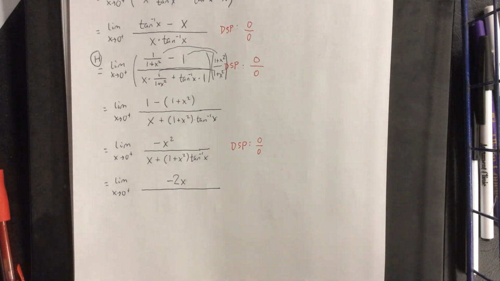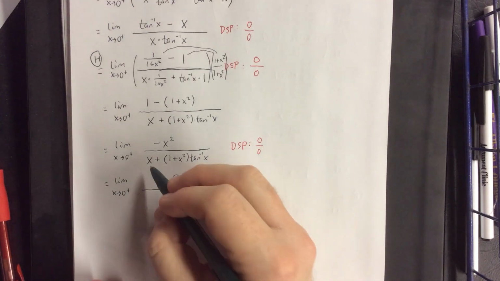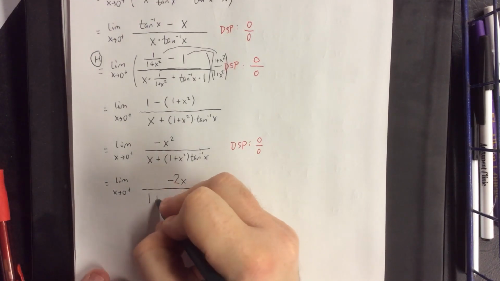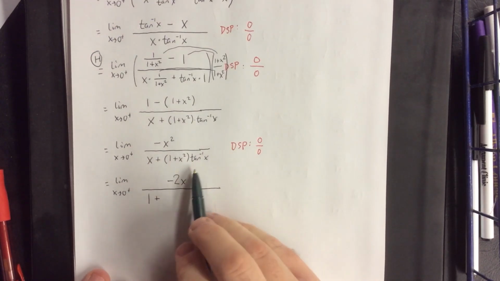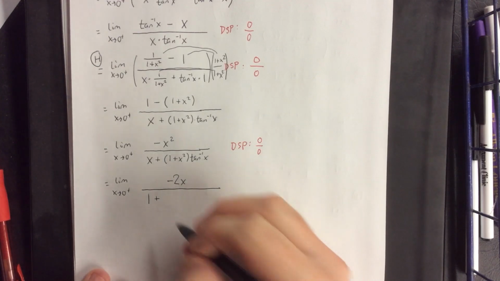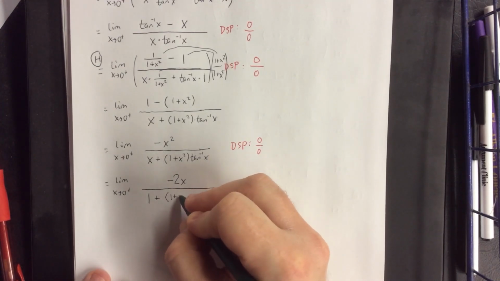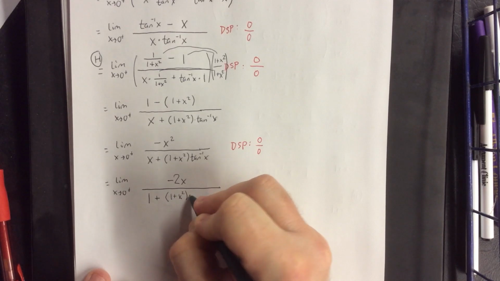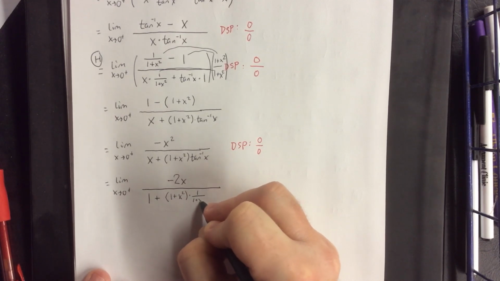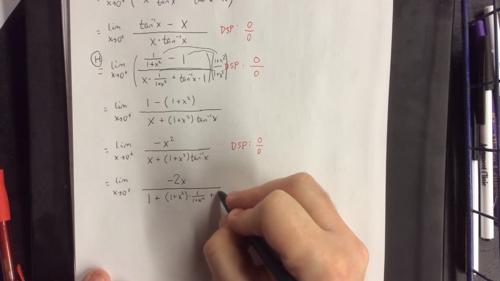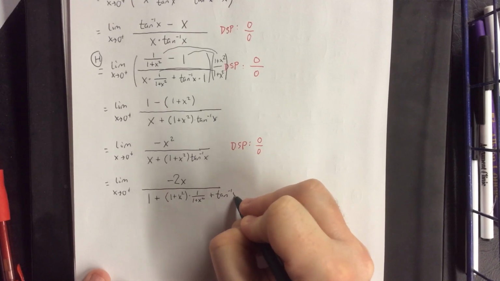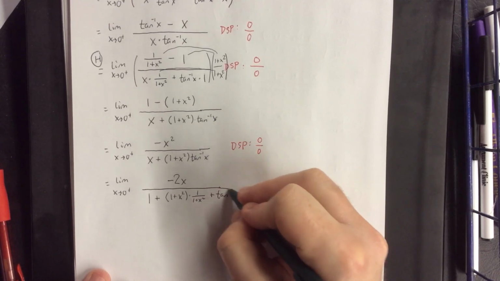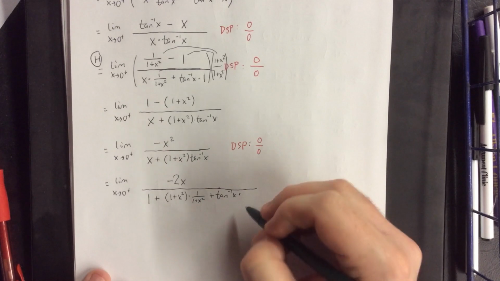Derivative of the denominator, oh boy, buckle up for this one. Derivative of x, that'll be 1, no problem there. But for these guys, we'll need to use the product rule. So first times derivative of the second, that's convenient, plus the second times the derivative of the first.